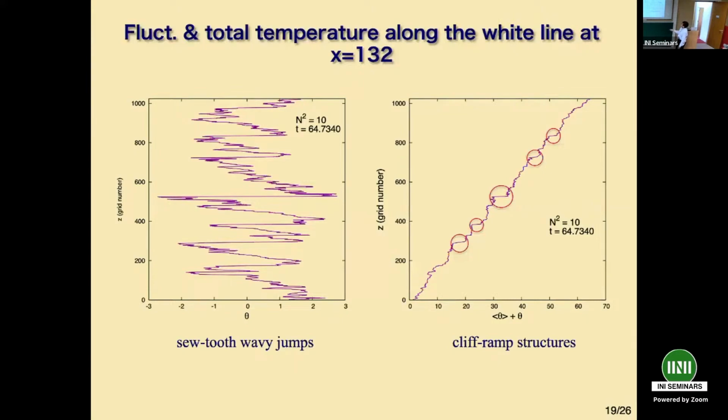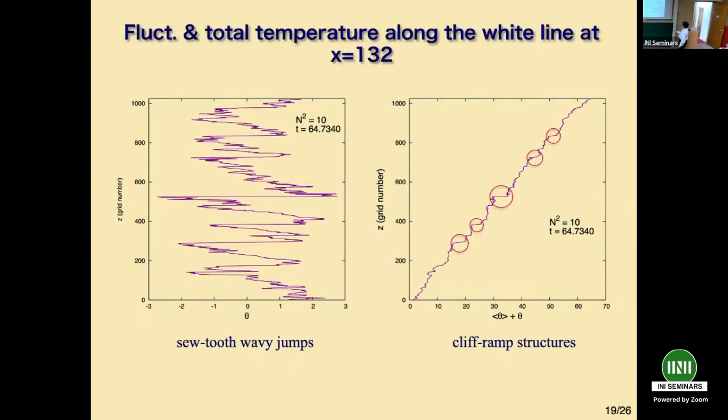I think it's not symmetric in the vertical direction. We say it's a sawtooth wavy jump. The meaning is, if we superpose the Brunt-Väisälä curve or straight line, we see some clear stairs corresponding to this big jump.